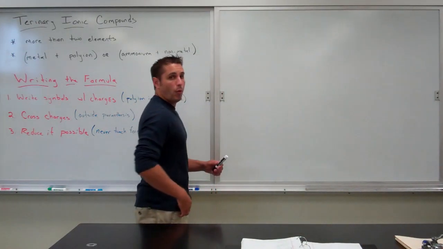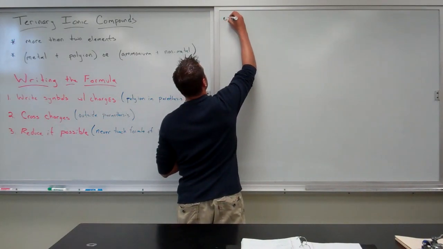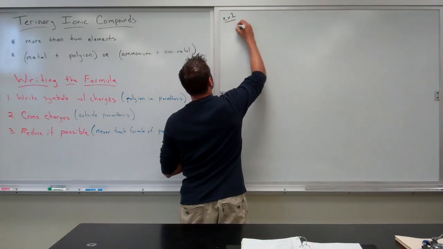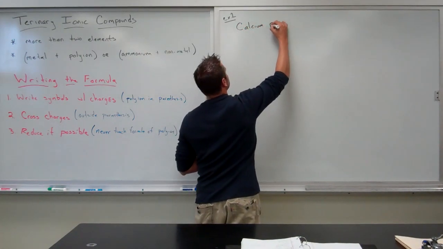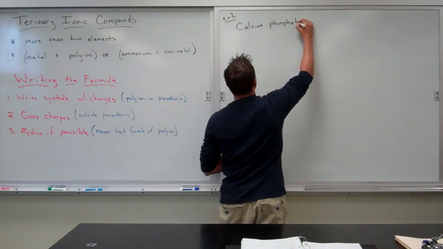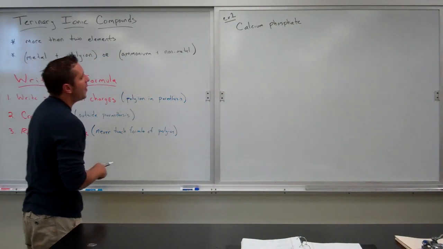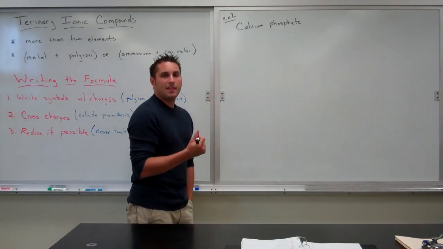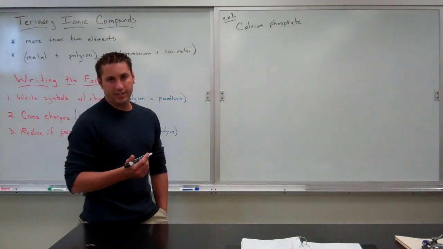The first example we want to look at is something like calcium phosphate. Calcium phosphate, we look at that and we have to decide, how do I know there is a polyion in here?